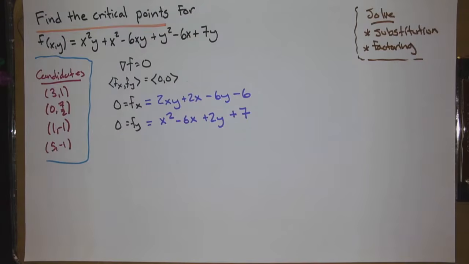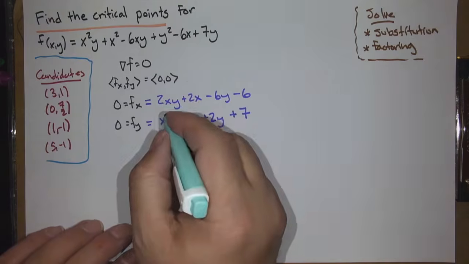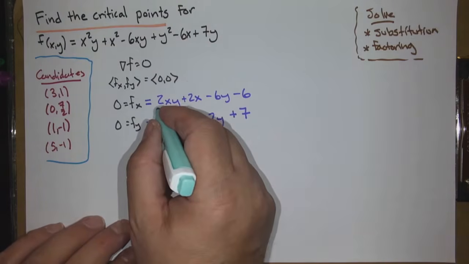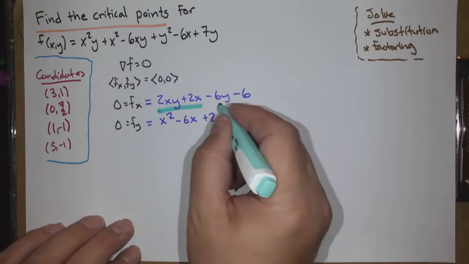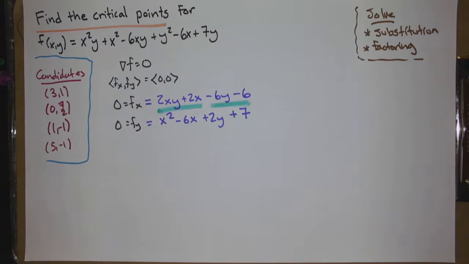Well, can any of these factor? You might say, I don't know, how can I tell? You're very used to factoring ax squared plus bx plus c, but there are various tools in your back pocket. One tool is grouping. You look at the expression in two parts: 2xy plus 2x minus 6y minus 6.